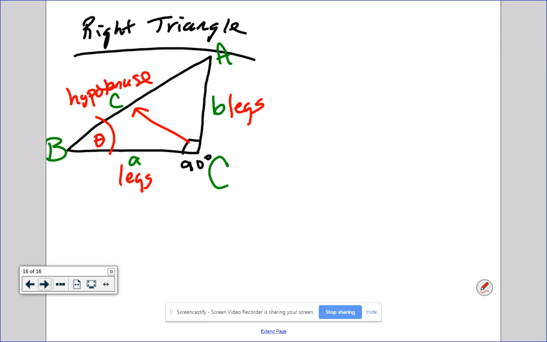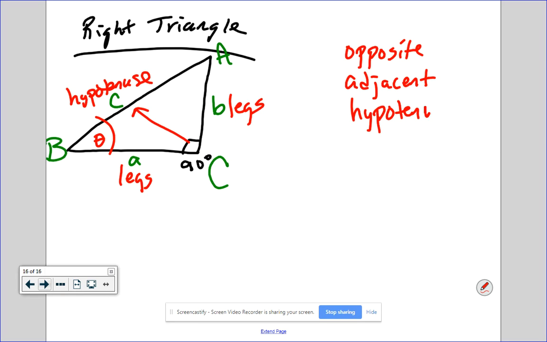When you are doing trig, you're always going to have an opposite side, an adjacent side, and your hypotenuse, which most of the time we label capital O, capital A, capital H. So if I work from angle B, what side is opposite of angle B?